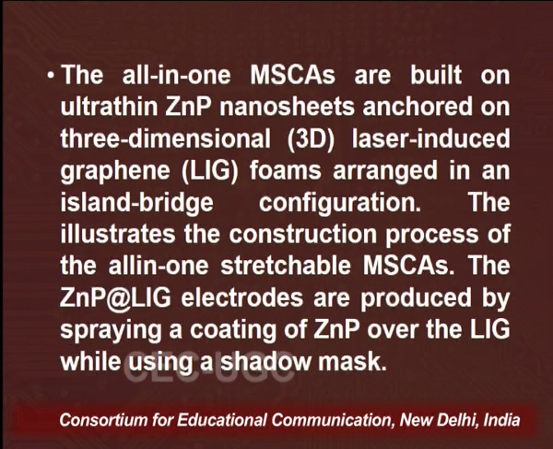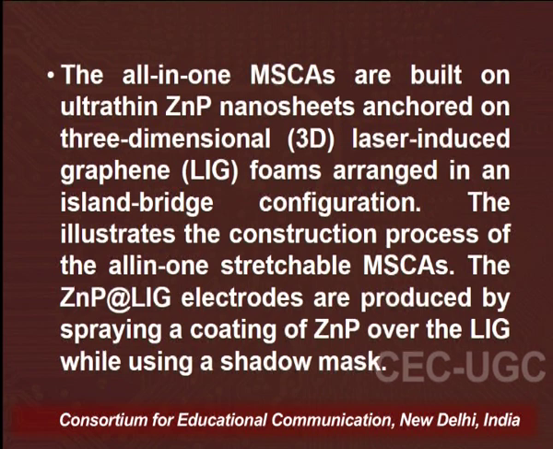Now we can have all-in-one MSCAs built on ultrathin ZnP nanosheets anchored on three-dimensional laser-induced graphene foam and arranged in an island-bridge configuration. That illustrates the construction process of the all-in-one stretchable MSCA.